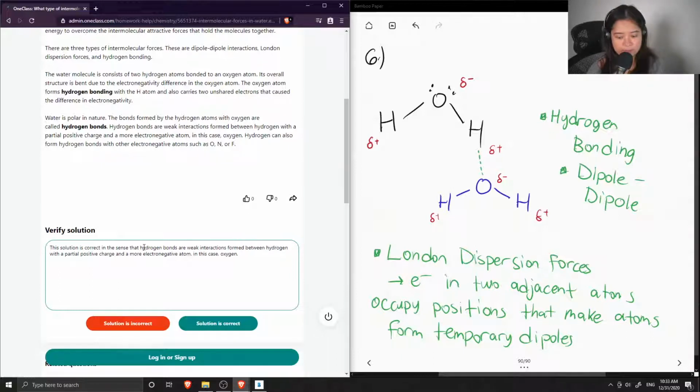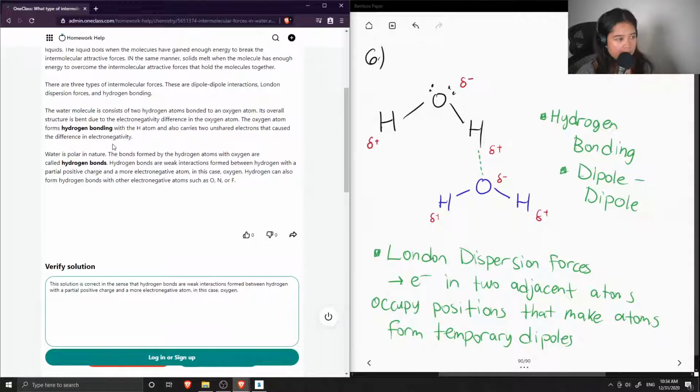So it gets kind of confusing when you try to think about hydrogen bonding, because people tend to think that it is the bond that is formed with hydrogen and oxygen in a water molecule. But the actual concept of hydrogen bonding is because of that partially positive side of a molecule reacting with the partially negative side of another molecule. So this is the actual hydrogen bonding.